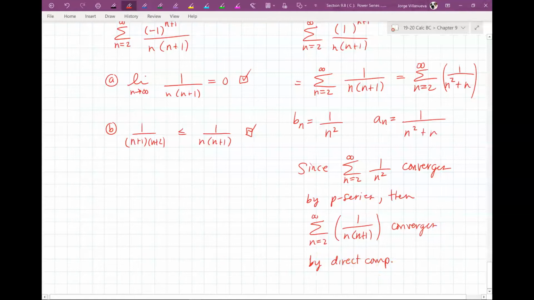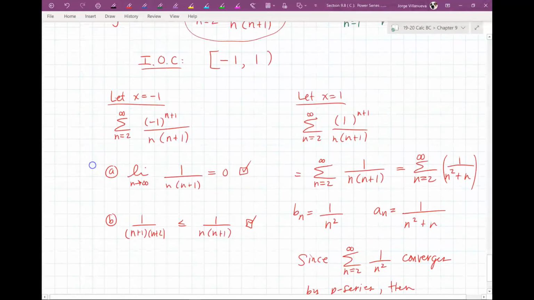So what do I do with that positive 1 on the interval of convergence? I put a bracket over it.